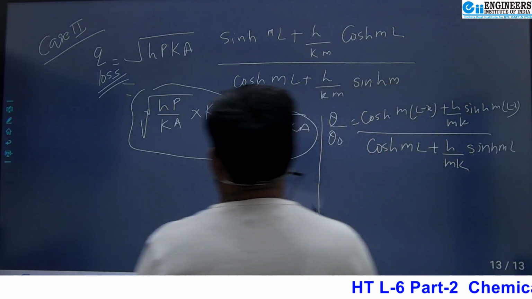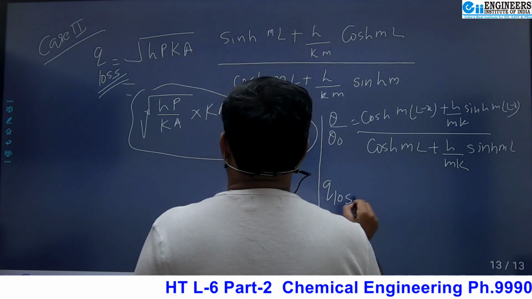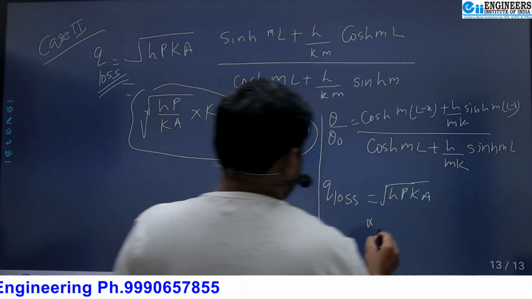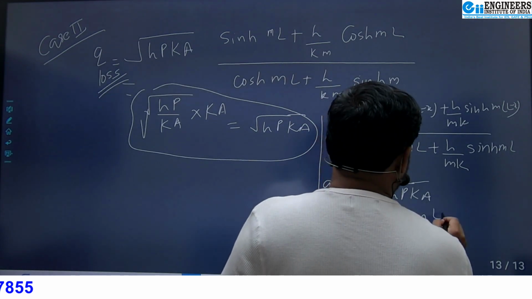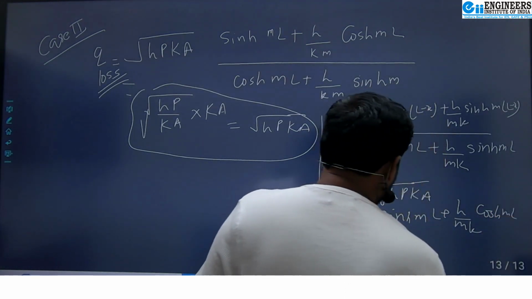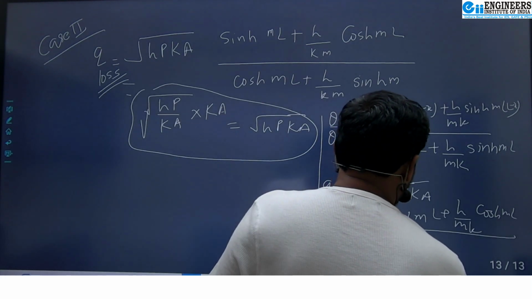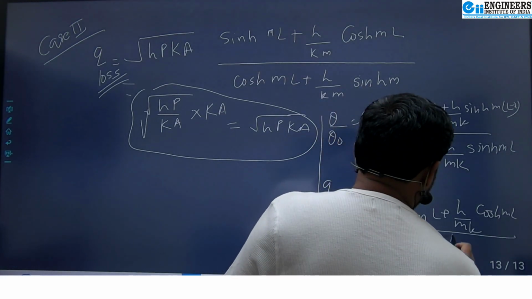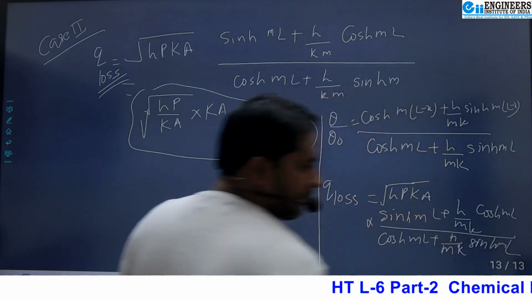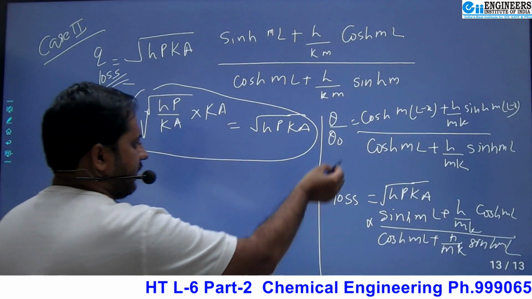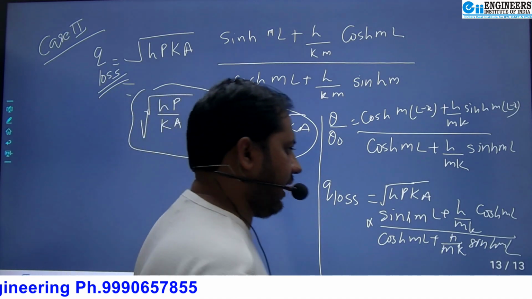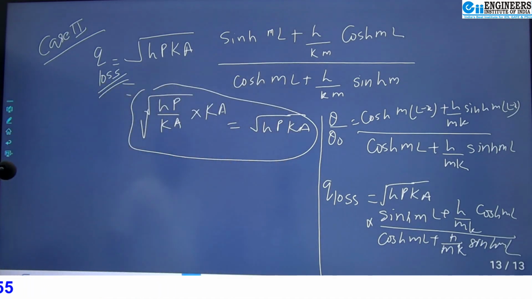This is our first relation, and the second relation is this Q loss is equal to root hpk into sinh ml plus h by mk cosh ml, divided by cosh ml plus h by mk sinh ml. So these are the two results that are obtained for the fin of finite length where heat loss is by convection at the end of the tip of a rectangular fin. So this is our case 2.